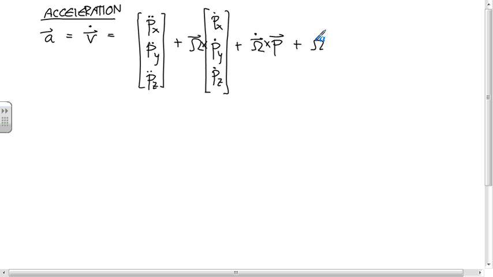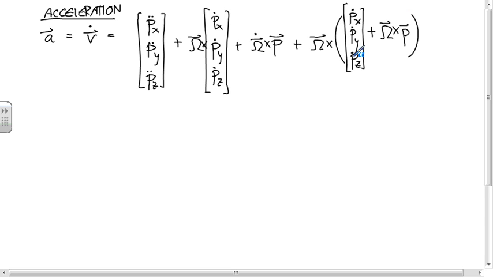Plus angular velocity of the coordinate system crossed with the time derivatives of the components of the position. Plus omega cross p.